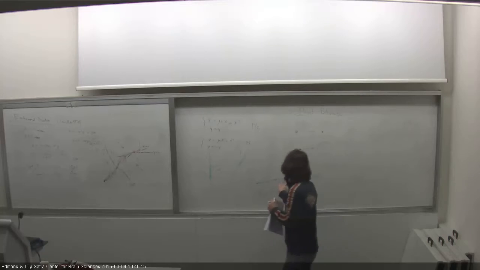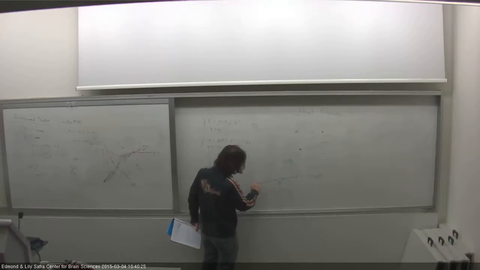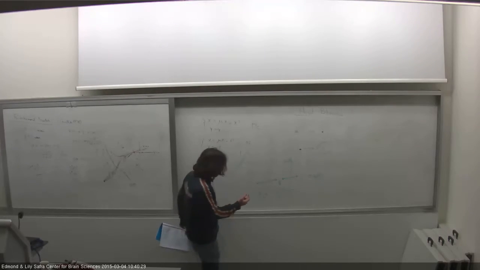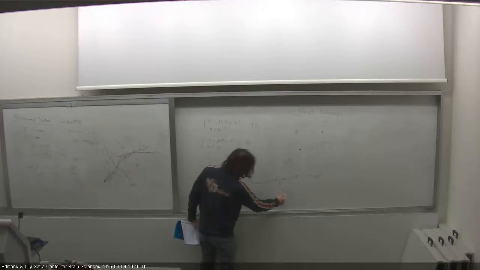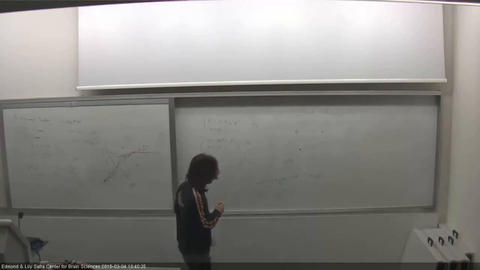So from a regular stable node with two negative eigenvalues, we would go into the situation of a saddle, one negative and one positive eigenvalue, by changing this term.